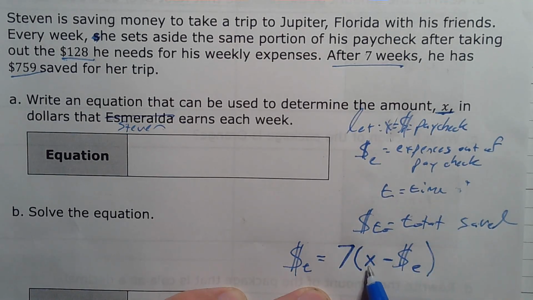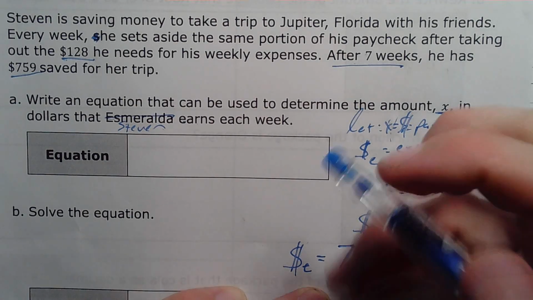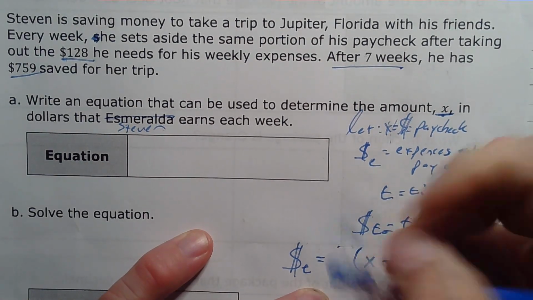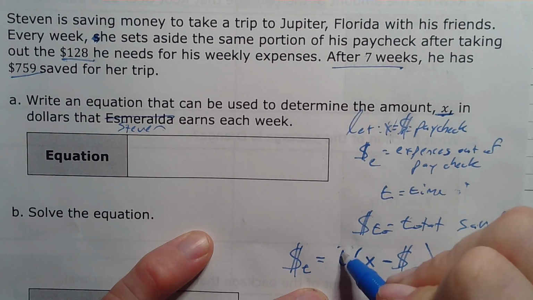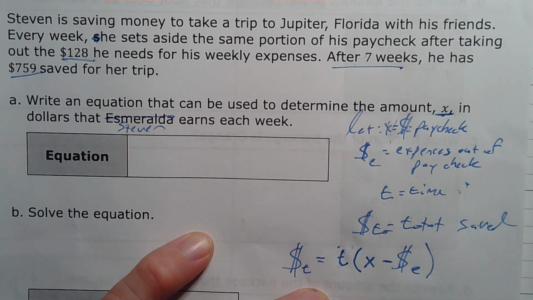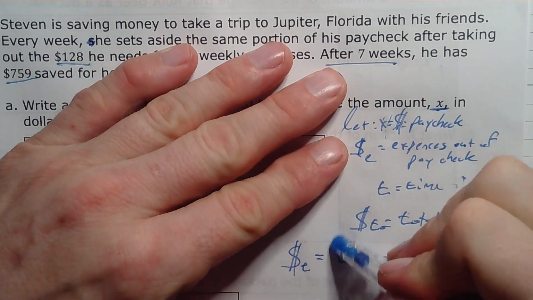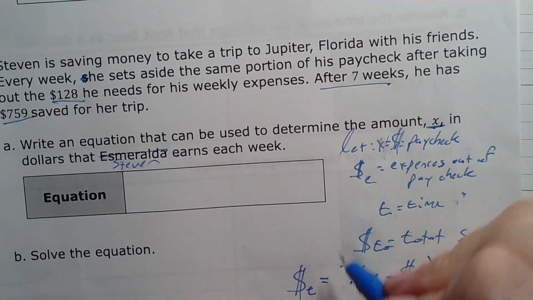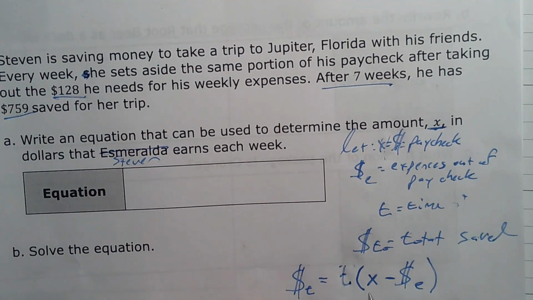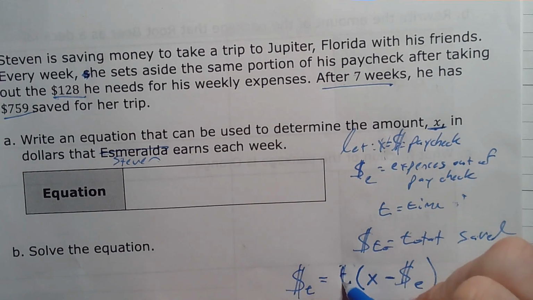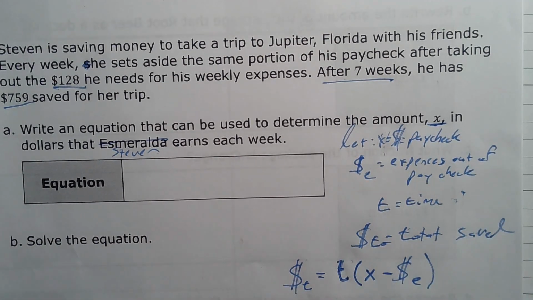So he gets his paycheck, takes out $128, and after 7 weeks, the time, he has a total amount of money. Okay, so what we're trying to solve for is this variable X. So we're going to rearrange the equation.